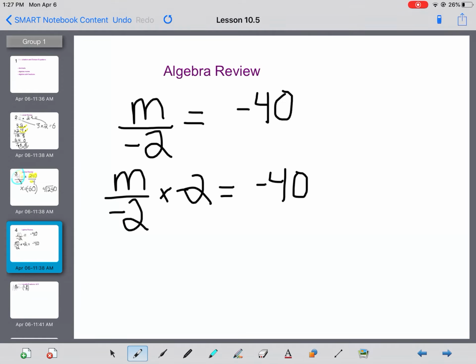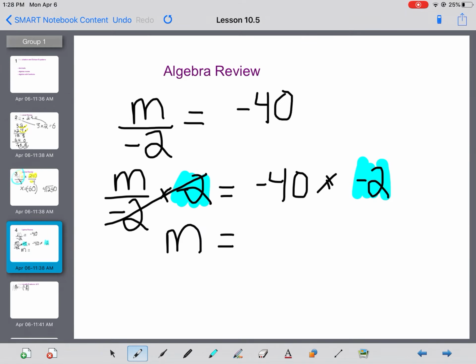Equals negative 40, which you do to one side, you must do to the other, times negative 2. Make sure that new thing happens to both sides in order to be fair. Then this crosses out, because if I do m times 2 divided by 2, I get m all by itself.